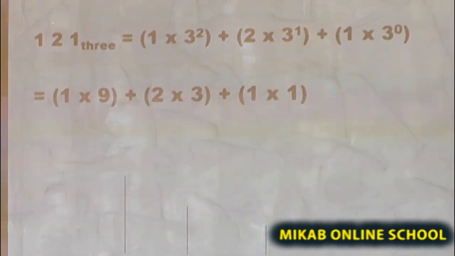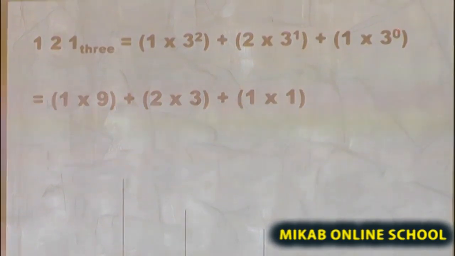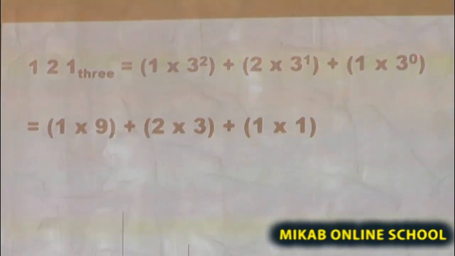When giving power, starting from the last digit, which is always the unit place, you start with 0 here, then 1, 2. And if I have other digits, I'll keep giving power 3, 4, and so on. That will take us to simplifying further.